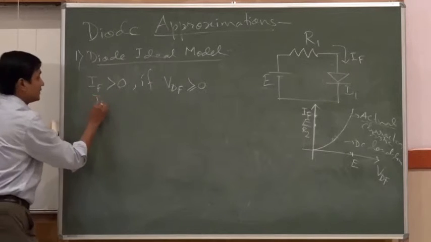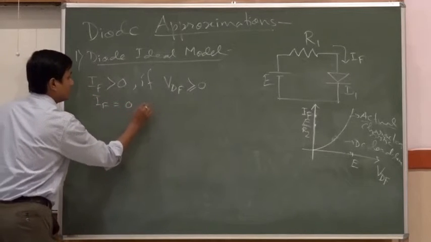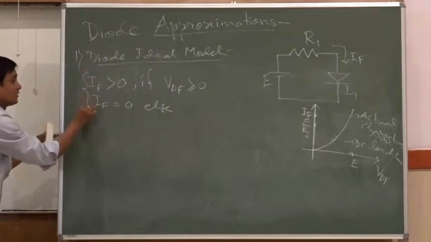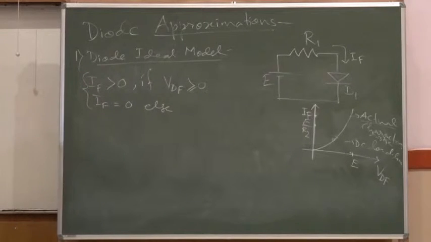IF will be 0 otherwise. This is the mathematical model of the ideal diode. The meaning is very clear: if the voltage across the diode becomes more than 0, then current will start flowing, and if it is less than 0, then current will not flow. In words, things are like that.